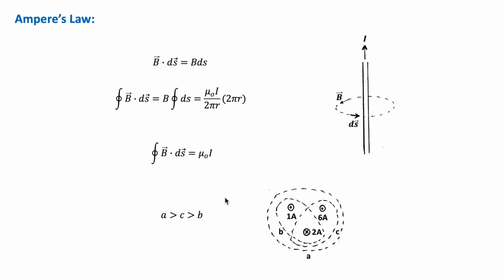So the magnitude of the integration of B dot ds is greatest for the path A, right? Because it's 7 minus 2 equal to 5. Then C, which is 4, so 6 minus 2. And then B, okay, which is 1.